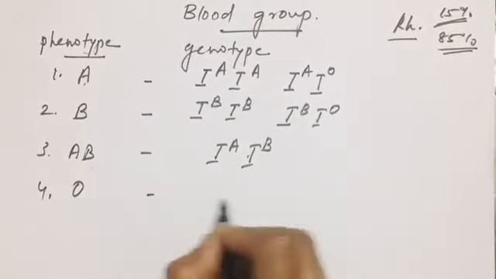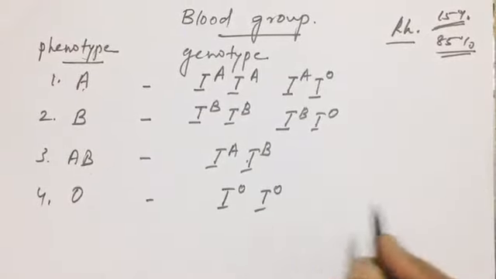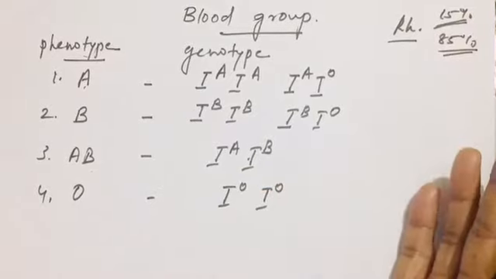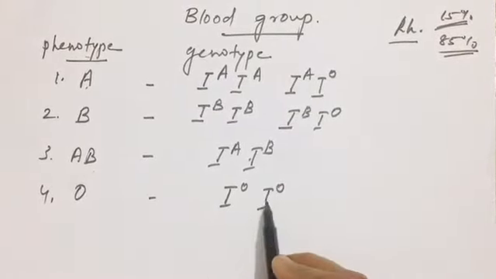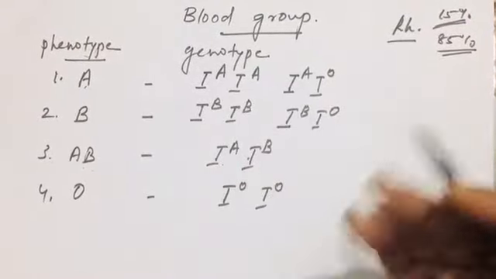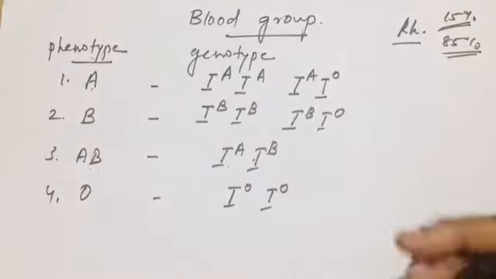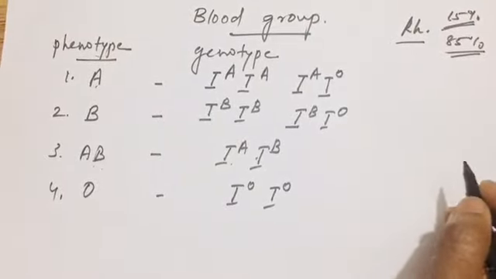Then what about O? IO IO. There is no other way. This is the only homozygous genotype of O blood group. This is the way of writing the genotype of our blood group. If you know this, you will be able to solve the exercise questions, like on page number 147, question number 3.